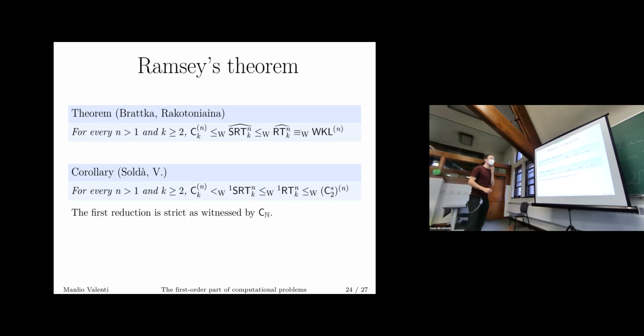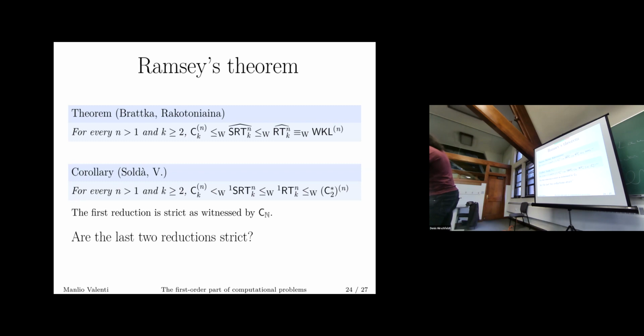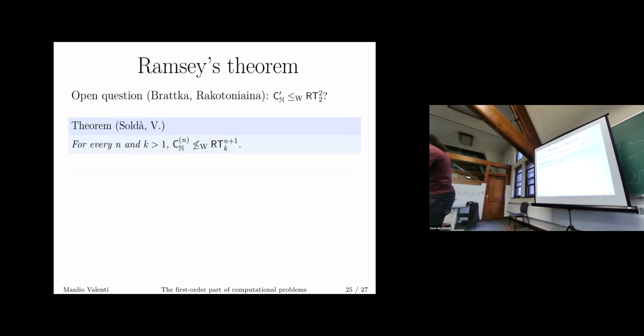Things get a little bit tricky now because we would like to say a little bit more on the two reductions. We don't know whether they're strict or not. And that's part of the question. In fact, they left it open as a question what's the exact strength of, I mean, you can rephrase their question in terms of the first order part of RT22.